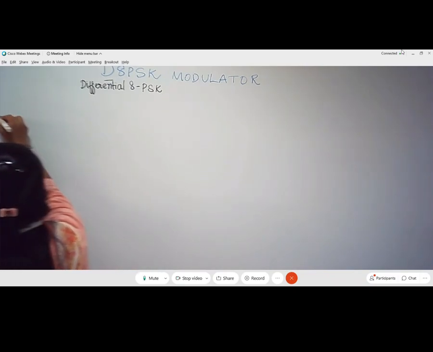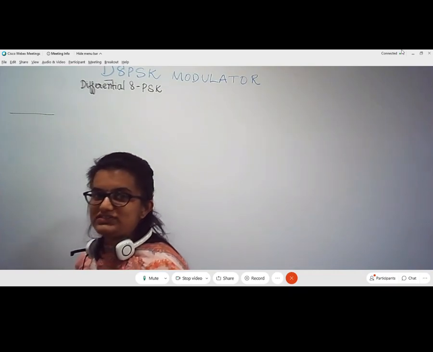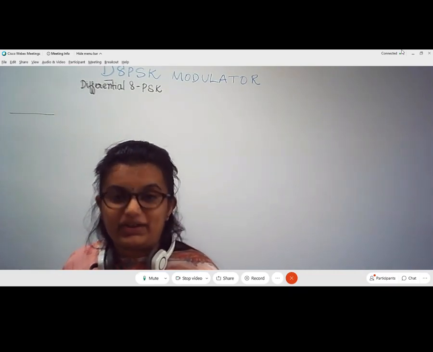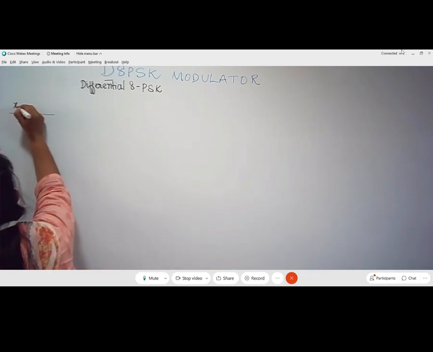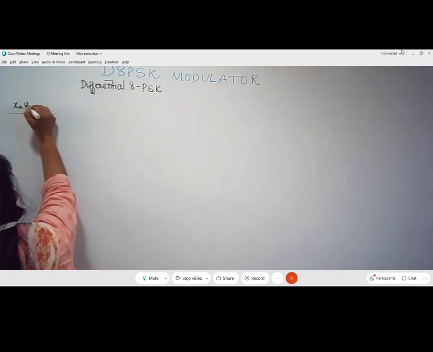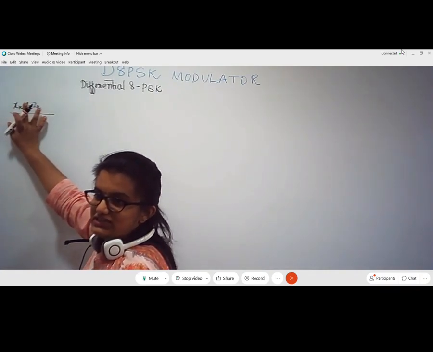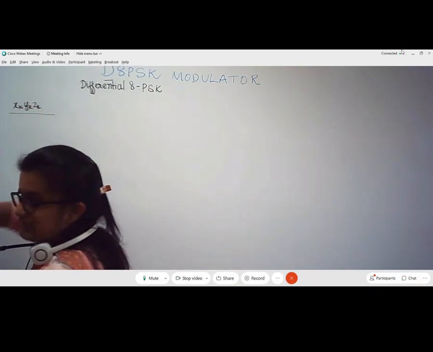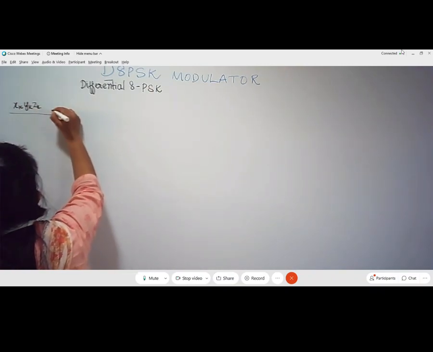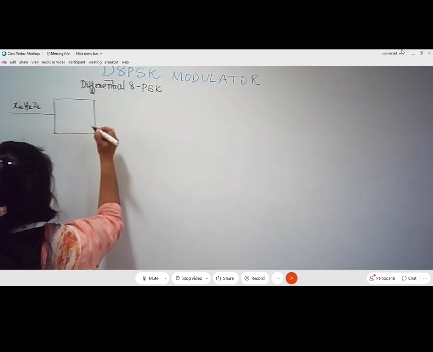We will have the structure of the modulator something like this. We are going to send the bit streams in groups of 3, where the bits are recognized as xk, yk and zk, x being the MSB and z being the LSB. We pass this set of 3 bits into an encoder.